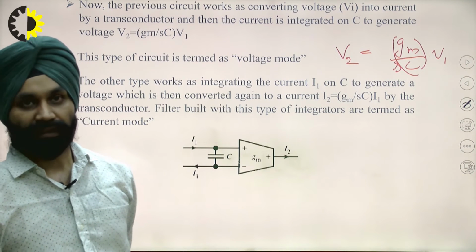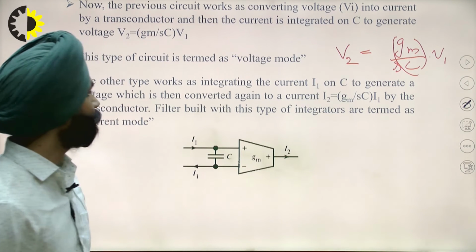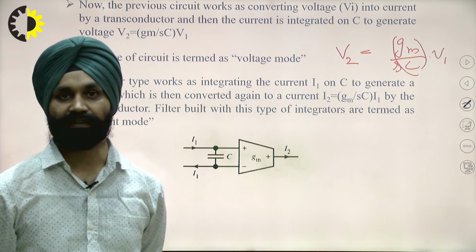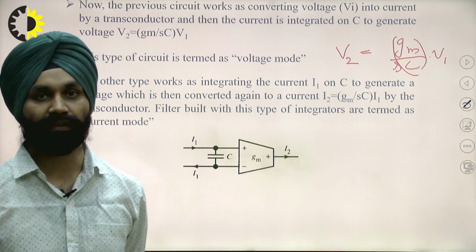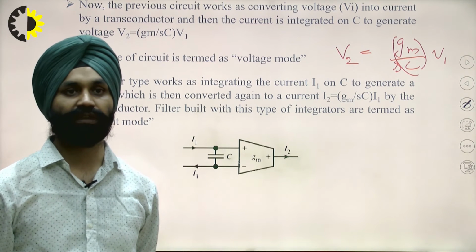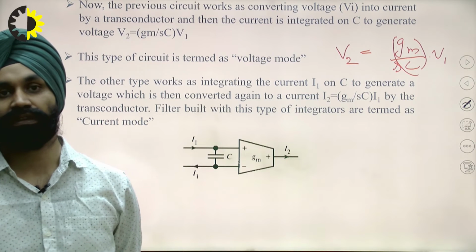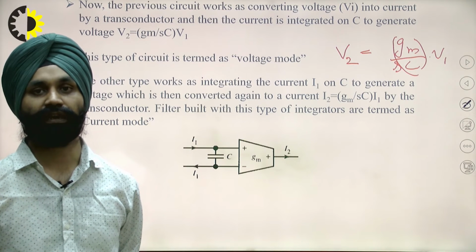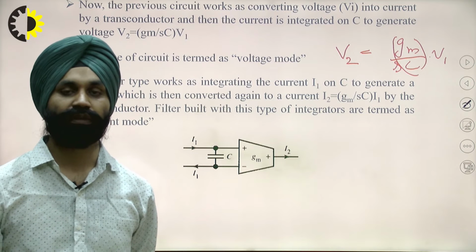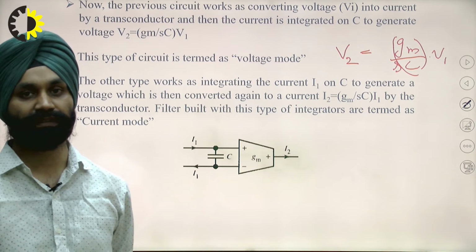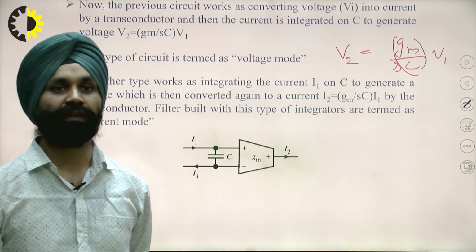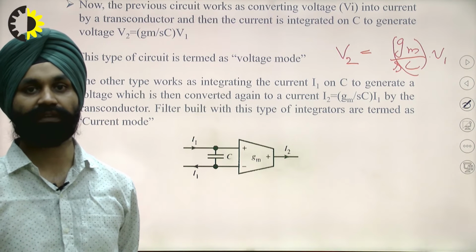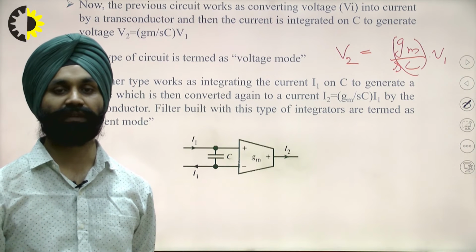The other type works as an integrator where the current I1 is integrated on C to generate a voltage, which is then converted again into the current I2, equal to Gm by SC times I1 by the transconductance. By filtering, this type of integrator is termed the current mode.